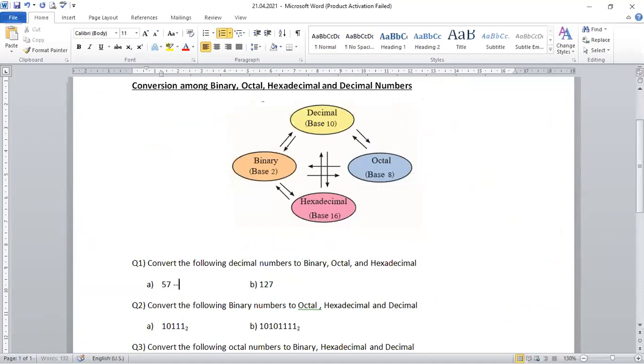We got 111001. Then what is the octal value? We got 71 as the octal. What is the hexadecimal value? We got 39, base 16. This is binary number, and this is octal number. Right.